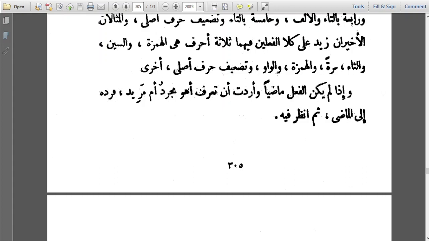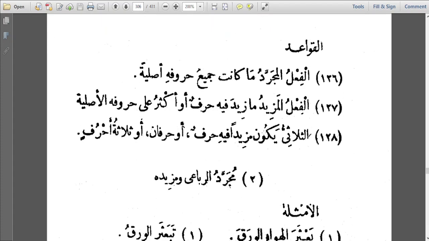Let's say I have a verb like istaghfara, no, mudari. I have yastaghfiru. I want to know if all the letters are asli, or it is mazid. What do I do? I turn yastaghfiru into madi and have istaghfara. The meter of istaghfara is istaf'ala, which is part of the meters of mazid. And so I know that alif sin ta has been added. Basically, that is what they are telling us.